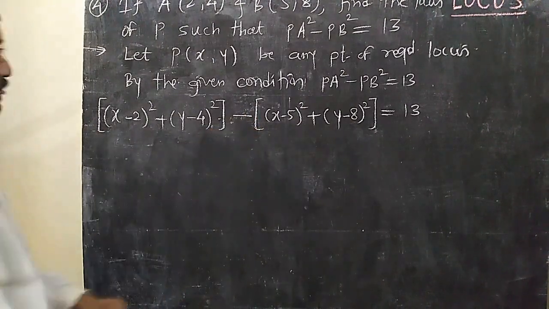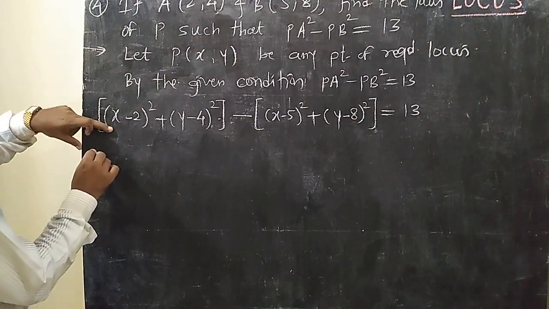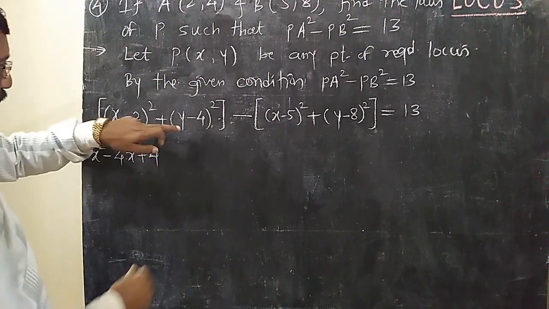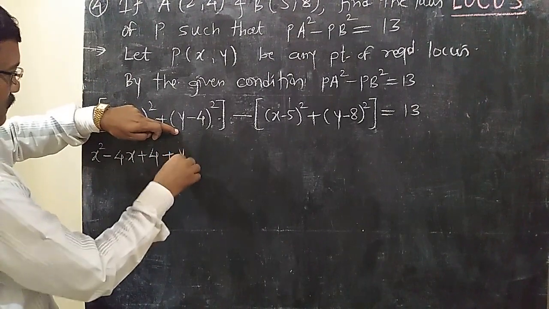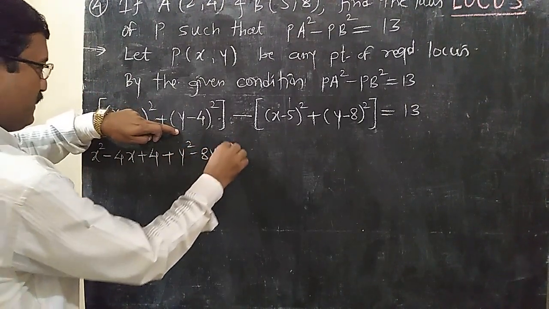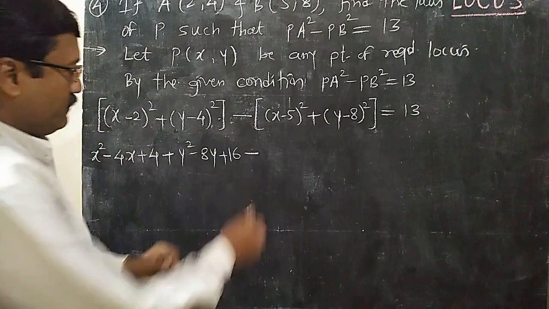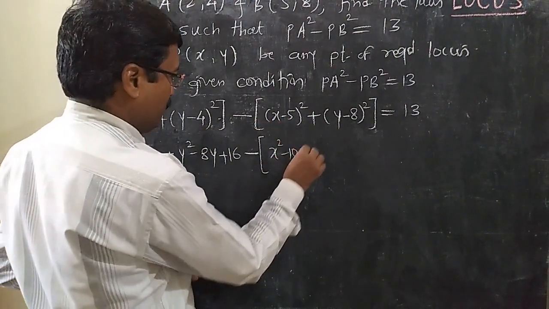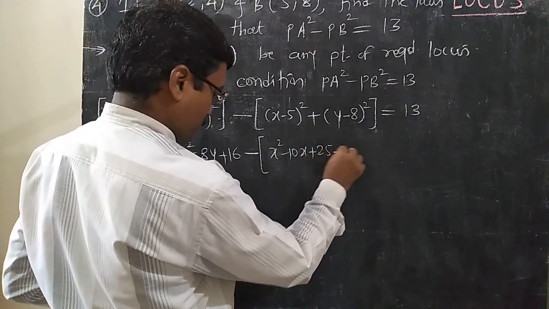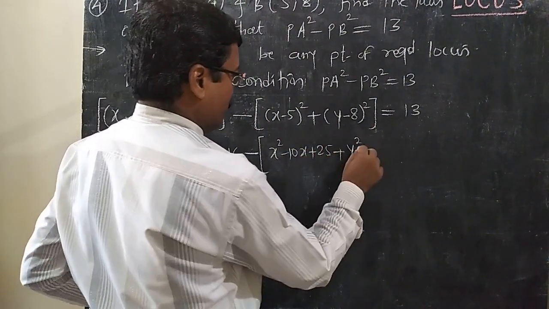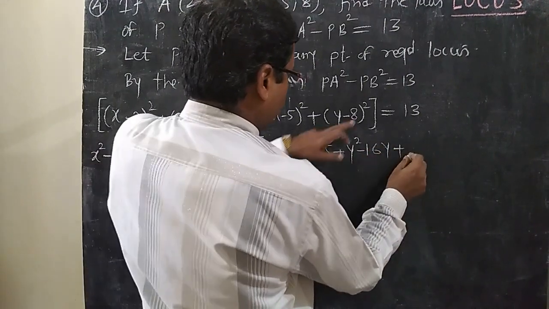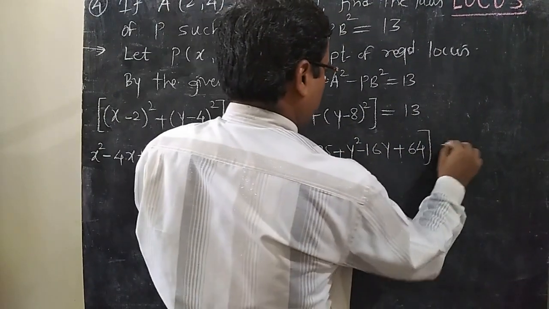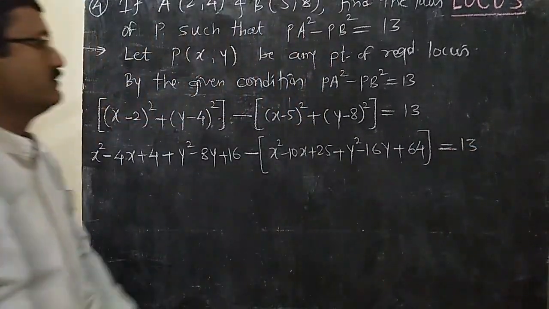Just simplify this. We get x square minus 4x plus 4, opening this bracket, y square minus 8y plus 16, minus in bracket, x square minus 10x plus 25 plus y square minus 16y plus 8 square, that is 64, and is equal to 13.